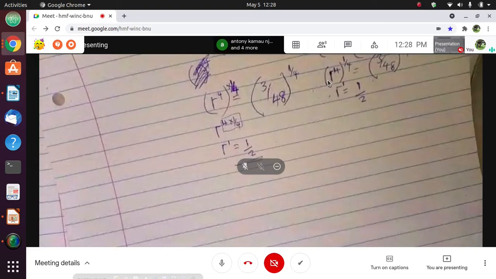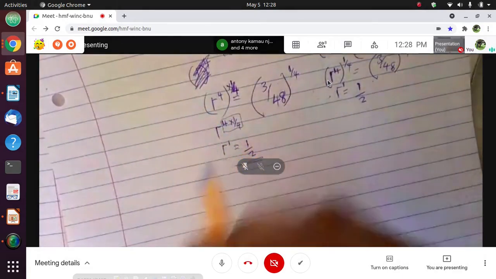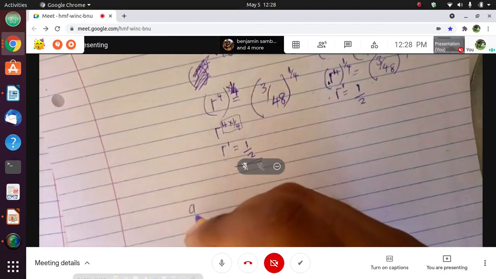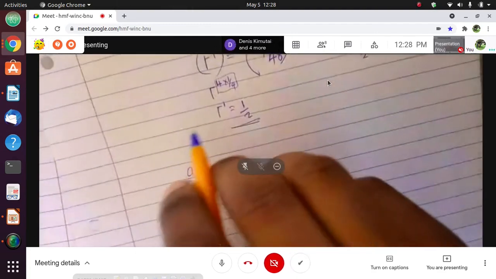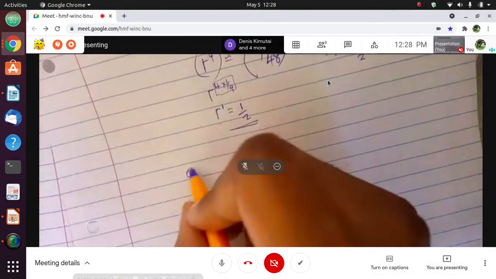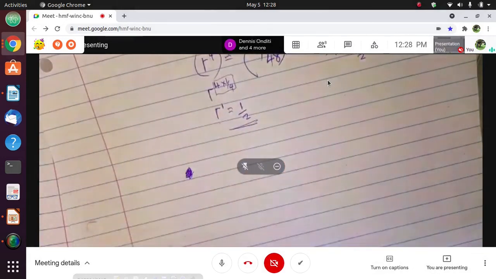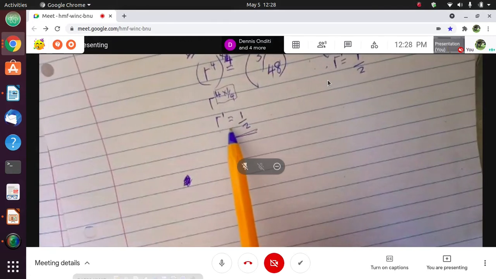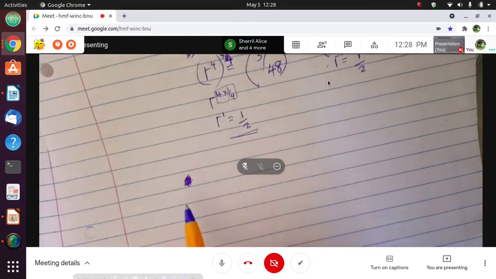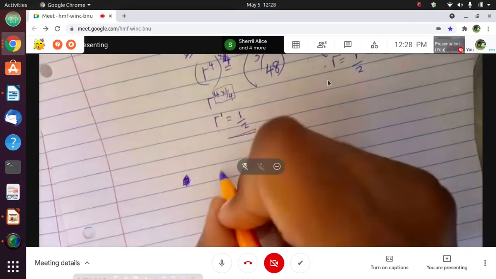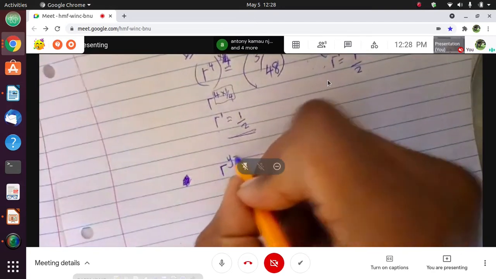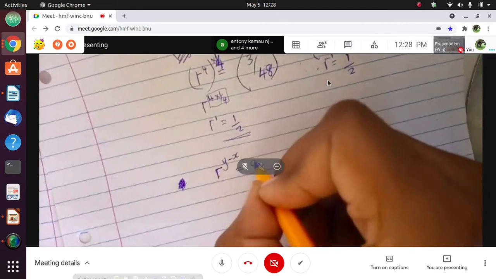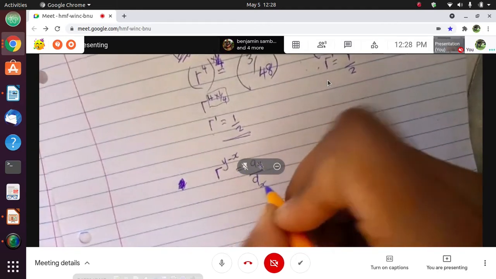The first thing we do is we find the general equation of this sequence. Now, remember that the general equation of an arithmetic sequence is given by... No, I've forgotten something. What I wanted to show is that you can find the common ratio of a sequence that doesn't have successive terms. We can say r raised to y minus x is equal to ay over ax.